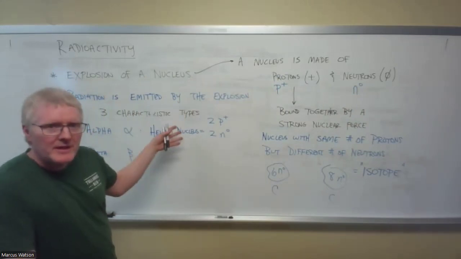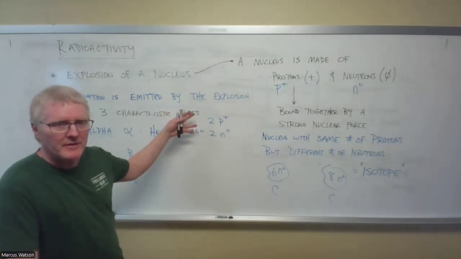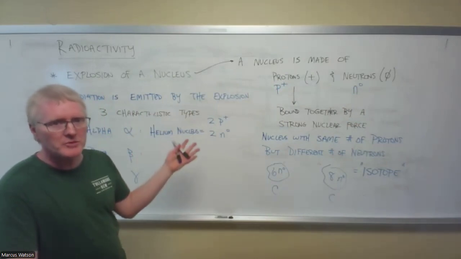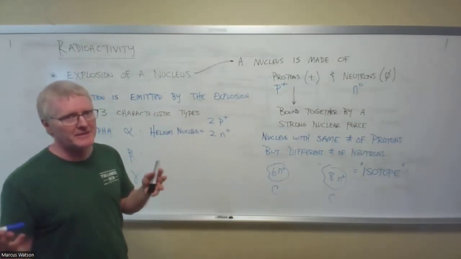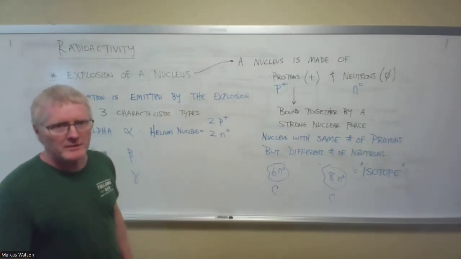This is a very tightly bound set here. They are very happy to be together this way. Now, naturally, the protons would like to get away from each other, but in terms of needing to be near another proton, they're happy to do it this way, okay?